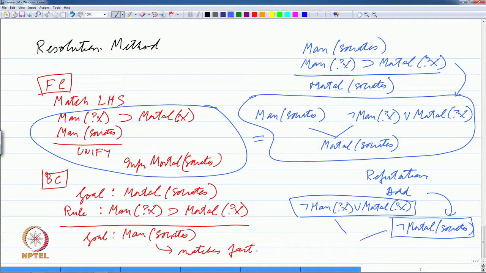Again I can apply resolution to this and I will get not man x.